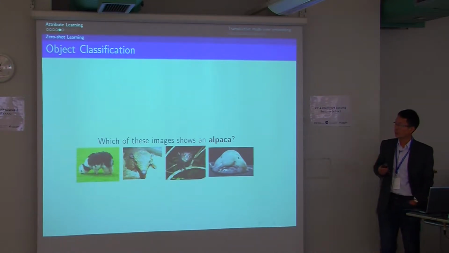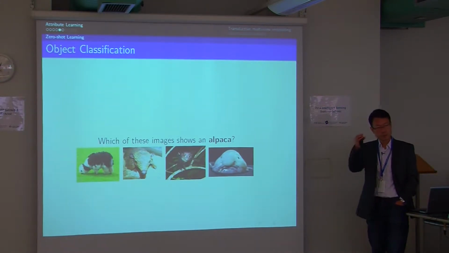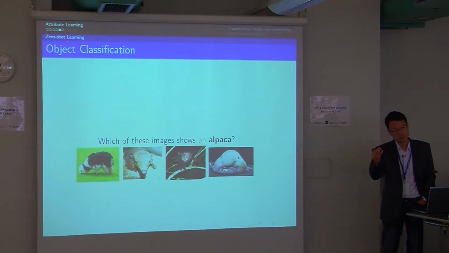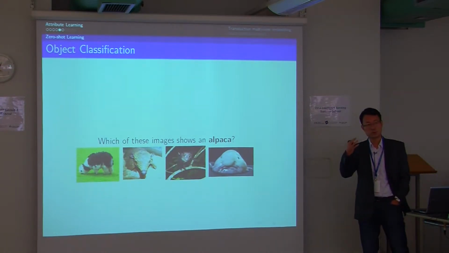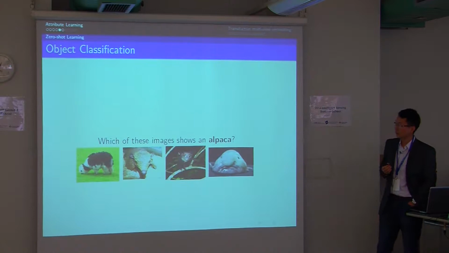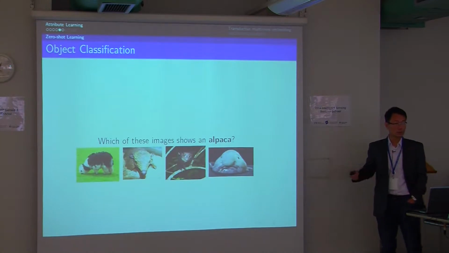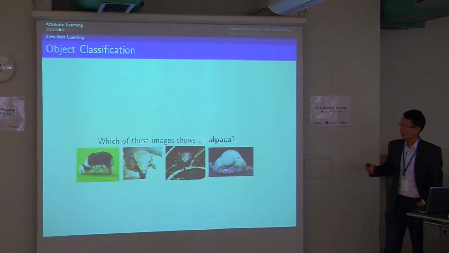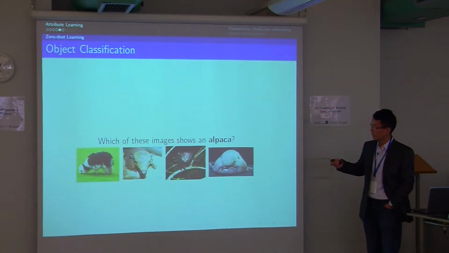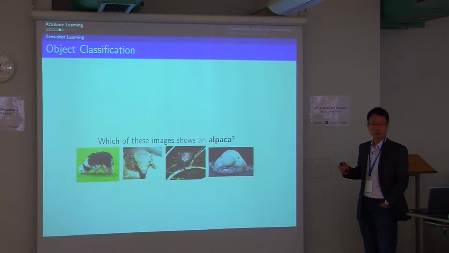In order to understand this concept and compare the conventional supervised learning approach to this new zero-shot learning approach, we can look at specific examples. For example, I give you 4 images, all of them contain animals. I want to ask you, which of these images shows an alpaca? Do you know which one?